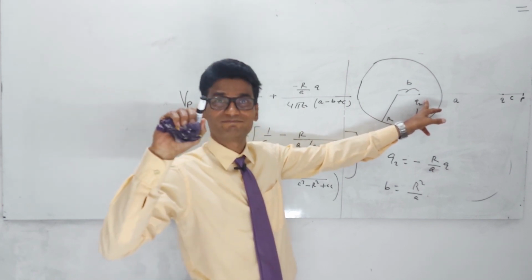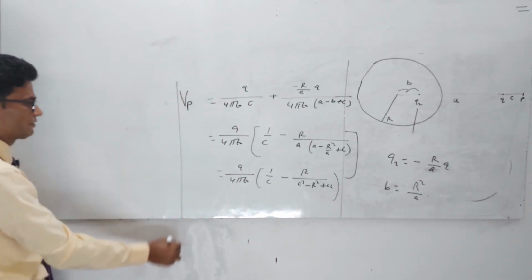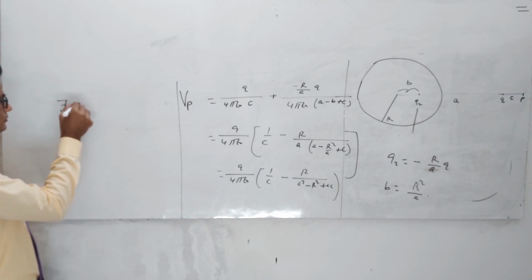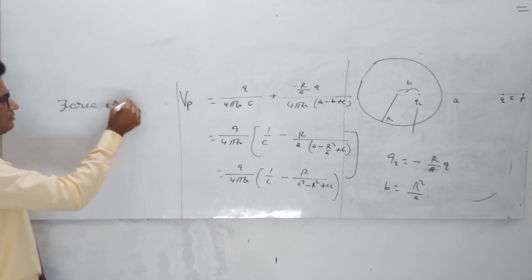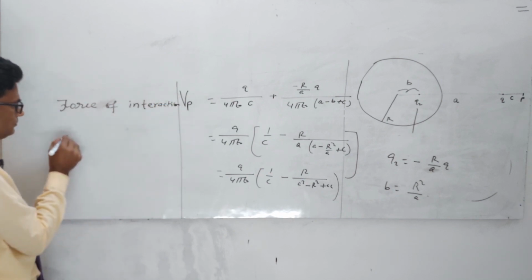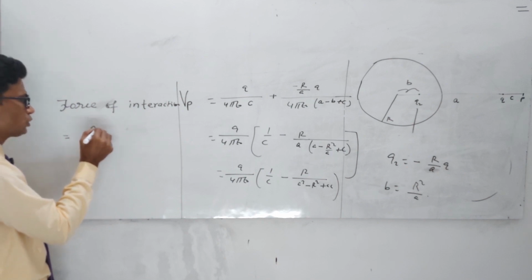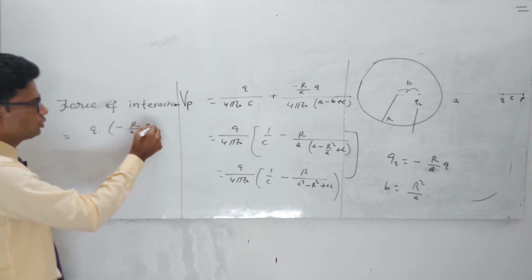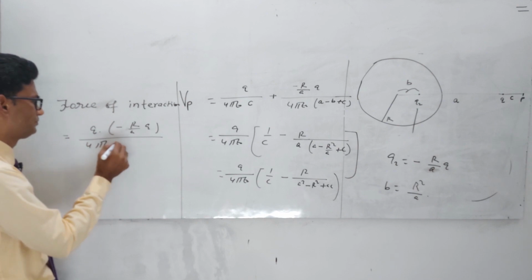So the force of interaction is equal to Q2, minus R over A into Q, divided by 4 pi epsilon naught.